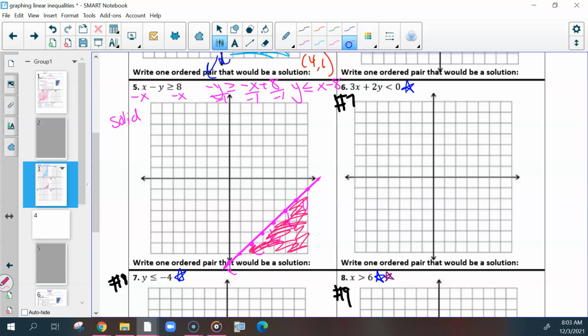Someone give me a point that would be a solution. -7, 4 would be a solution. This one right here. No, switch that. -5.